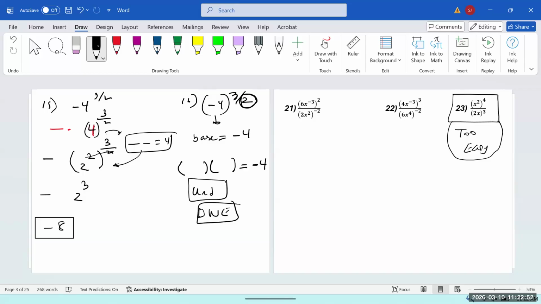What do you do? You can do that, but that also has a bad side. I would recommend you to distribute first. Because what if you have a negative inside the negative? Then you may get lost. For example, what if I give you 2x to the negative 2 with the negative 2 on the denominator?